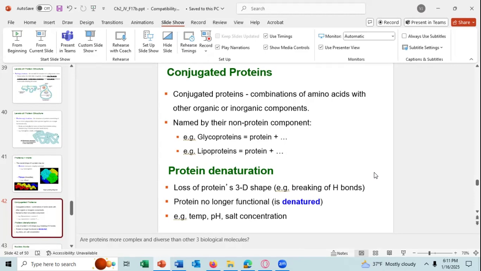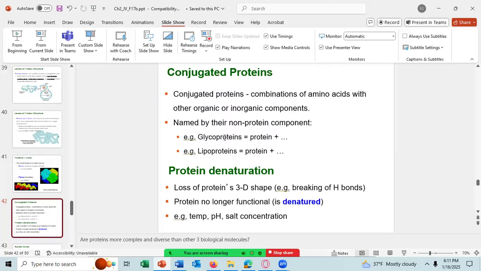Like a glycoprotein is a protein bound to glycogen, meaning a carbohydrate base unit, and that's a glycoprotein, which is found in the blood. We also have lipoproteins, which are a protein bound to a lipid, and there are lipoproteins also found in the blood. Any question about any of that?